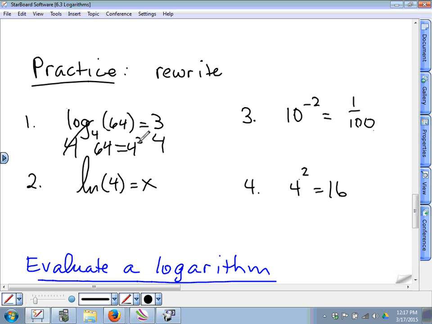So you have to match bases, though. What's the base of that ln? E. So what base do we use on both sides? Base of E on both sides. There you go. Now what should she cross off? ln and the E. So the final answer is 4 equals E to the X.